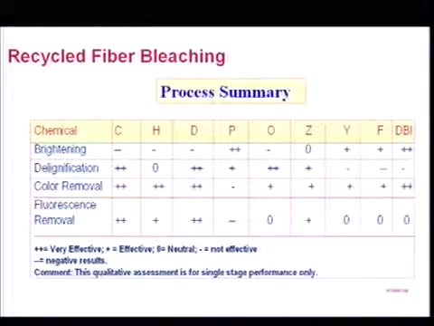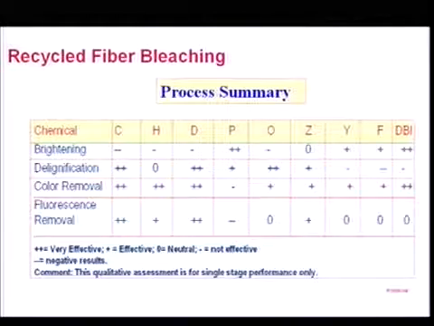Peroxide can be used for delignification, high temperature peroxide. Oxygen delignification is an excellent chemical for this purpose, and ozone can also be used for delignification. Hydrosulfite, FAS, DBI, those are not delignifying chemicals. They don't remove the lignin.